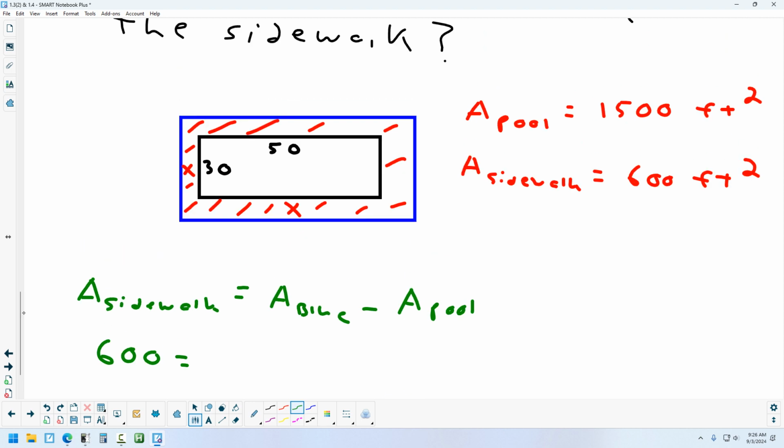Now, the area of the blue rectangle. What did we say the formula is for area of a rectangle? Length times width. What's the length of the blue rectangle?